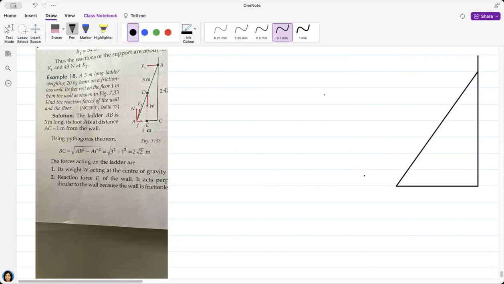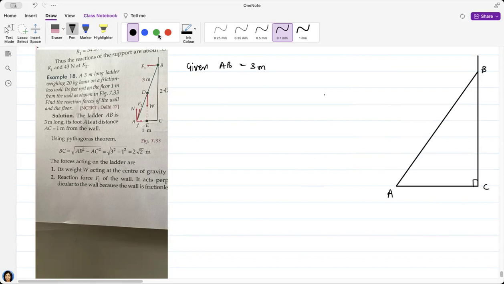I'm marking them A and B as my ladder. It says it's 3 meter long. So given AB is 3 meter. Let me make this C, and this is 90 degree, of course, as it is the wall and the floor.